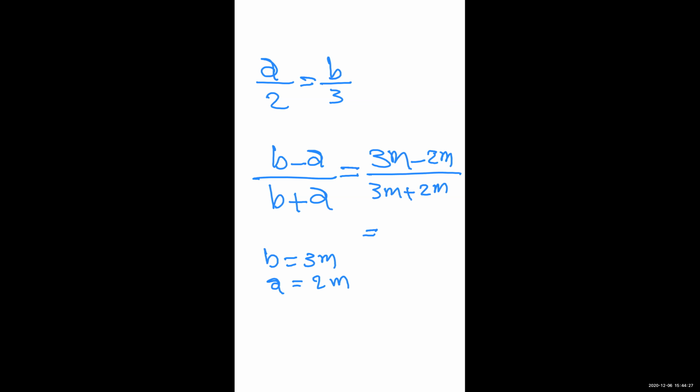Ziad? Yes, mister. Okay, then continue. I'll take m as a common factor. It's 3m minus 2m, so m only, and here 5m, right? The m goes out with the m, so it will equal 1 over 5.